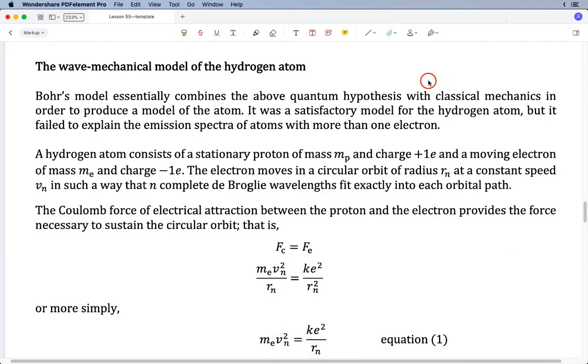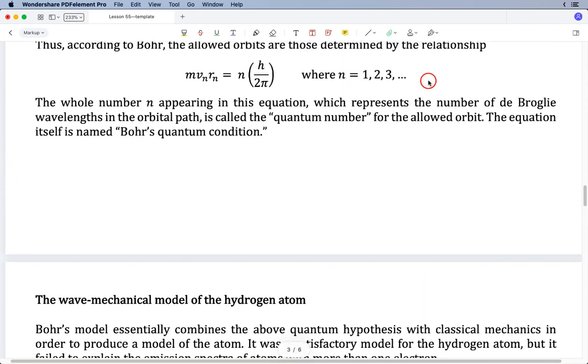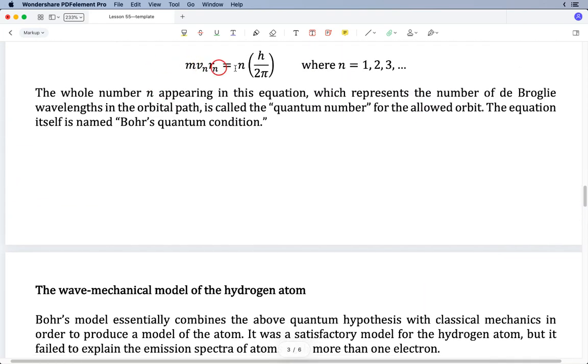Now, Bohr's model just combines that quantum hypothesis with some classical mechanics. So we're combining the relationship shown up here with some other classical physics we've already learned about in the course.